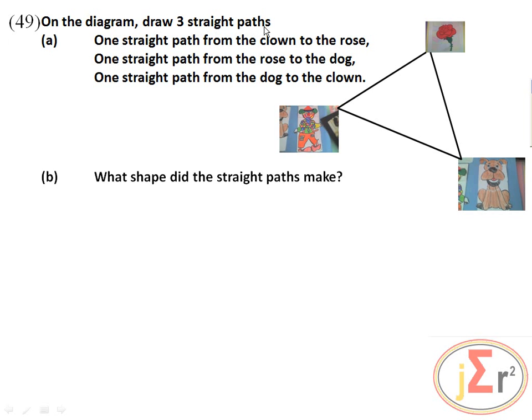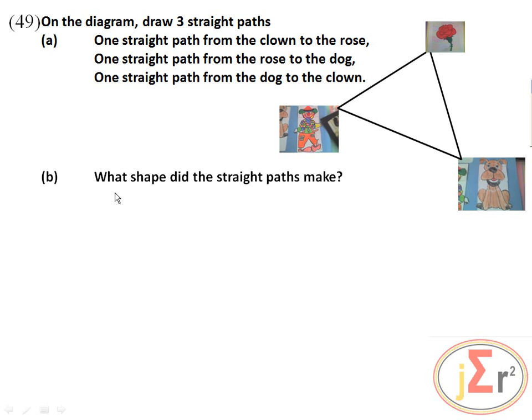And if that was not enough, one straight path, so and so, another straight path, and another straight path. So we are sure that it is a triangle, because throughout the entire statement of the problem, the word straight is there over and over again.